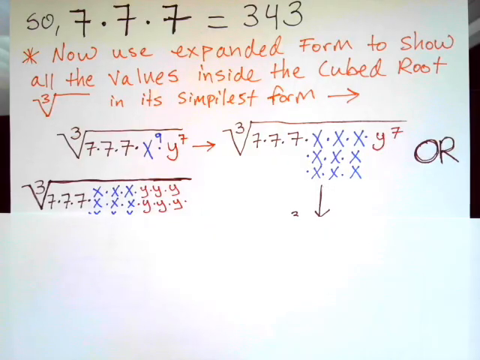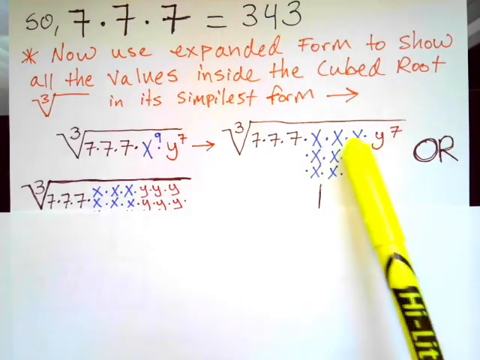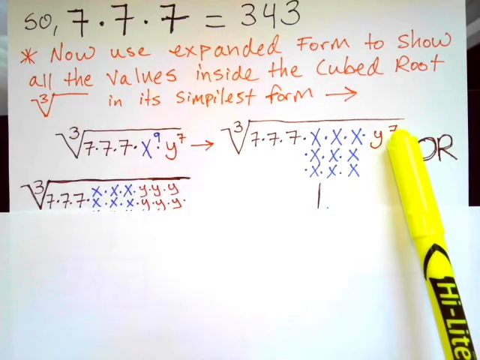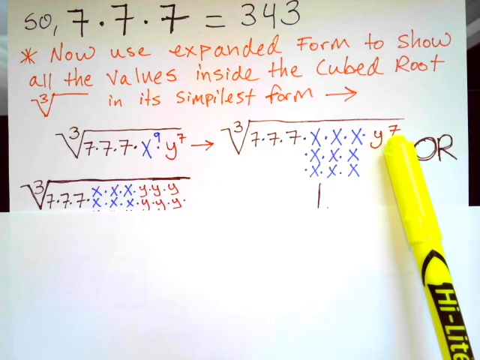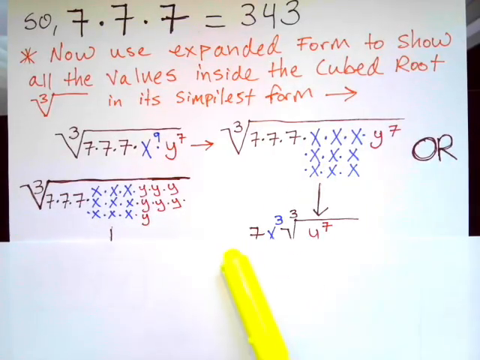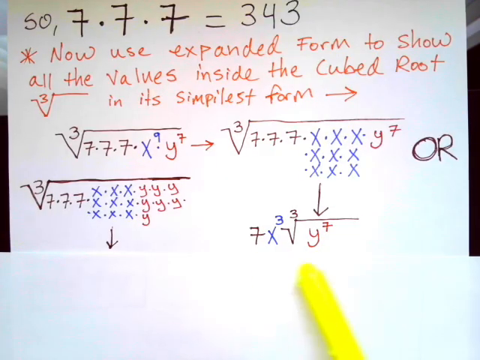Here again we have 7 times 7 times 7, which is 343. These are all the x's broken down, and I'm going to leave my y to the 7th power right here. So I can pull out one 7 and three x's. That gives me 7 times x to the 3rd power. That y to the 7th is inside the cube root. In the last video, part 1, I explained what those fractional exponents mean.